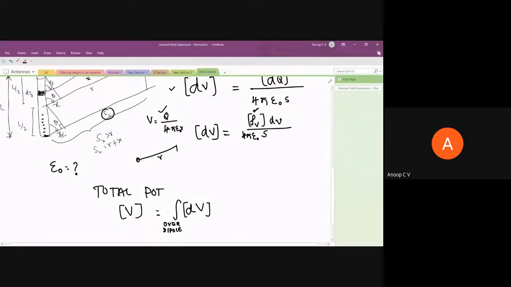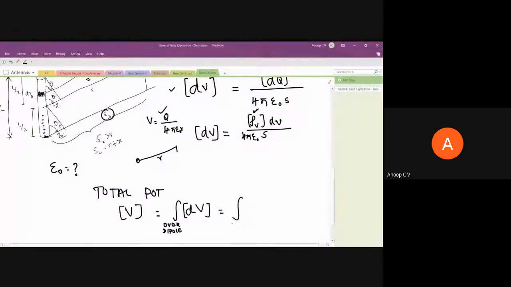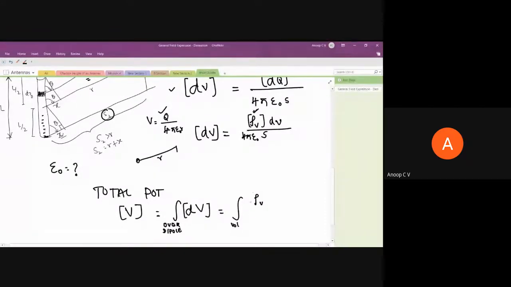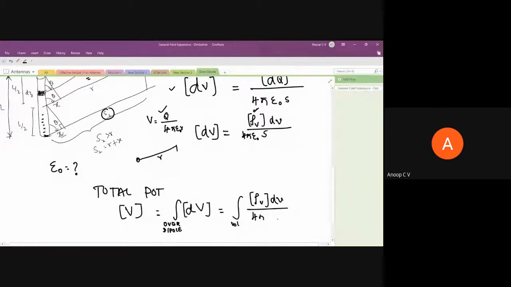So S also will change. So I can write this as the volume integral of rho v dV divided by 4 pi epsilon naught S.